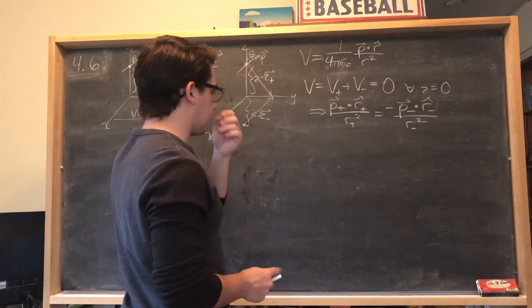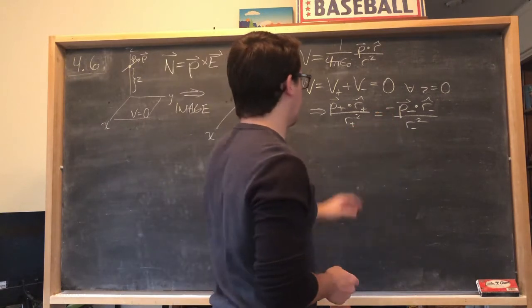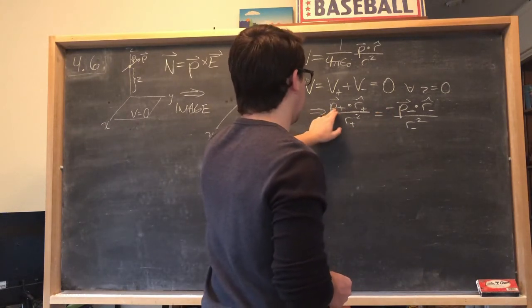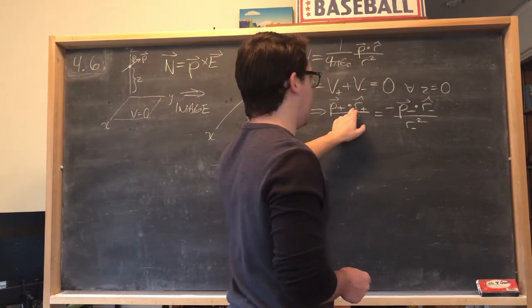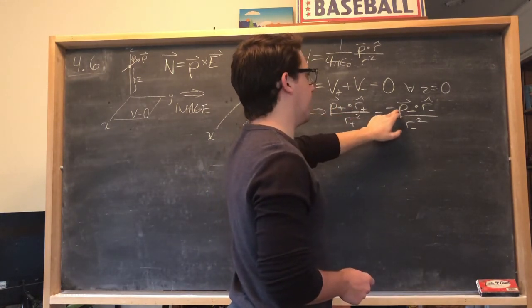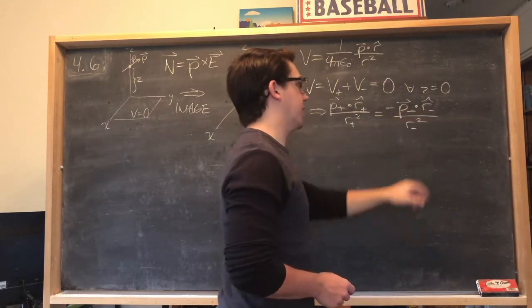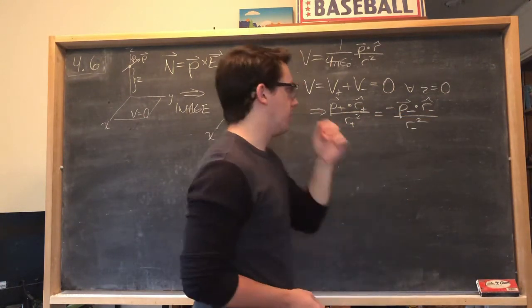If we want the whole thing to be negative, then the product of the x component of p plus and r plus should be opposite the product of the x component of p minus and r minus. Likewise with the y hat and z hat components.